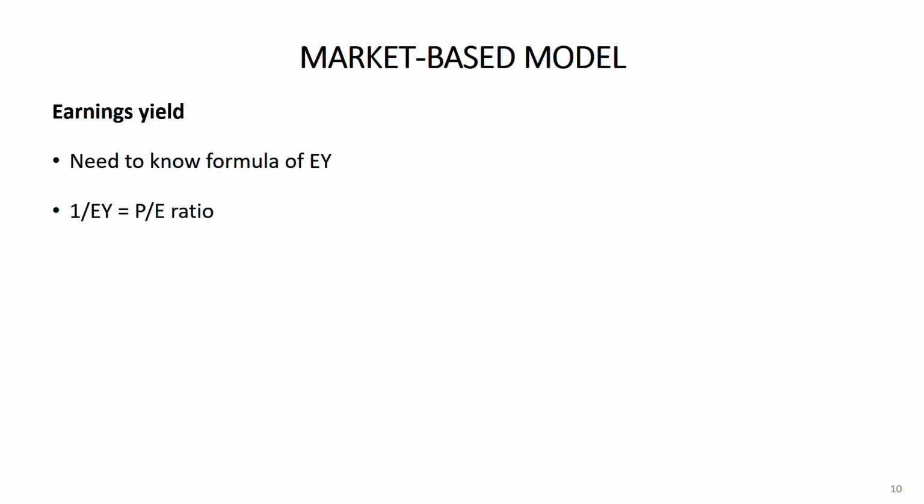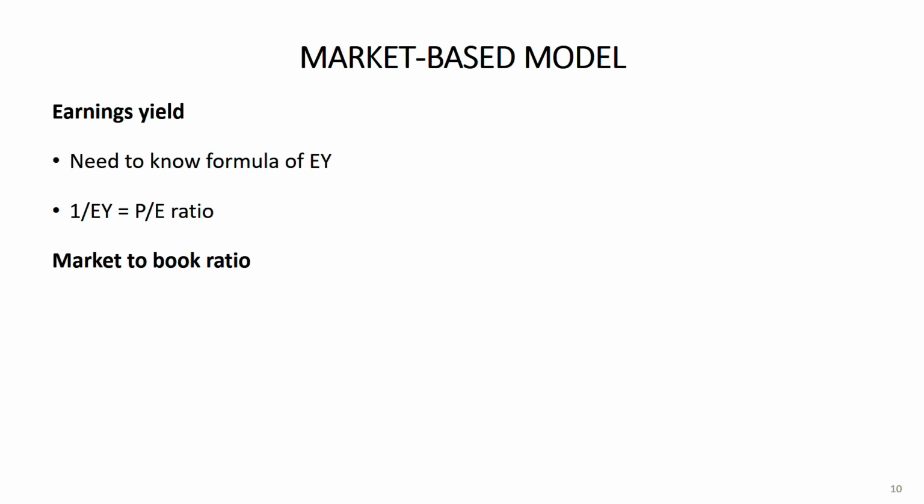The examiner is not a fool, right? So you need to think out of that box. Don't be so comfortable with the easy things. Things might be given in a twisted way, a little twisted. So you need to find out. So if EY is given, find the PE ratio, if the PE ratio method is asked for.